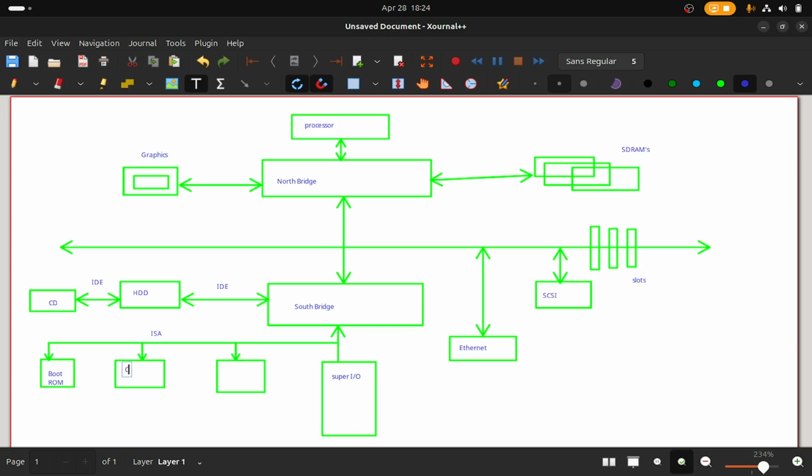That is some chip, some audio chips, and what else? Okay.